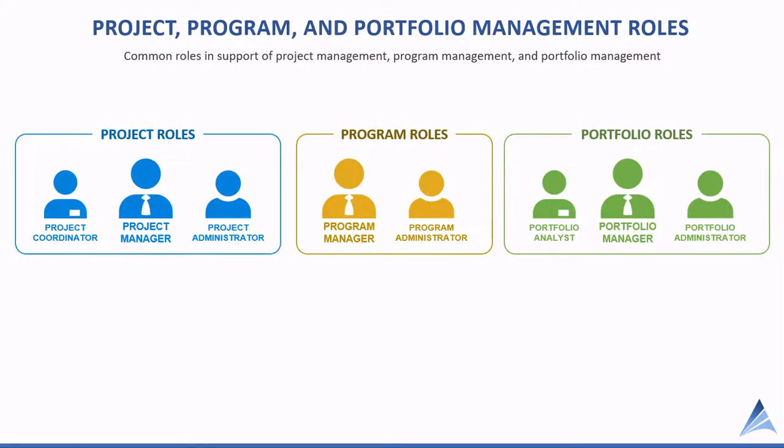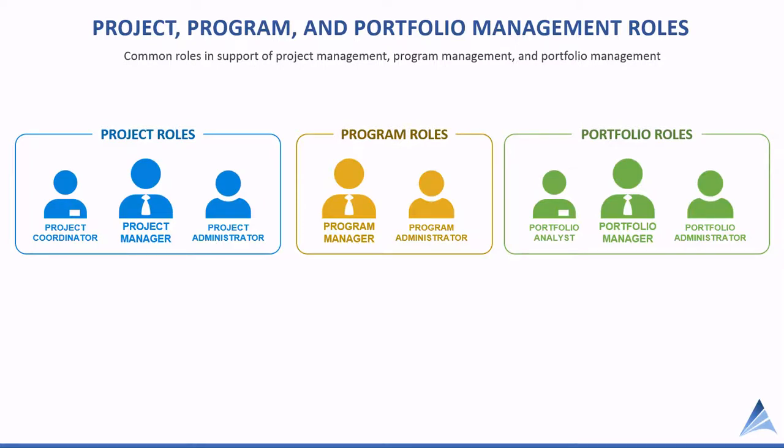Program management focuses, of course, on the program manager, program being a set of interrelated projects and work streams that have a common goal or output. Program manager is the program leader, connecting those project teams together, providing higher level oversight for that program.